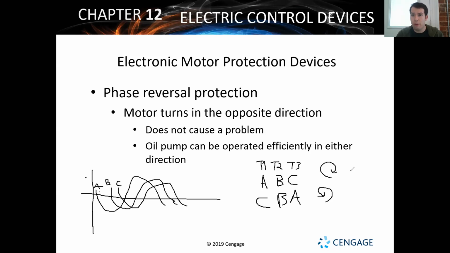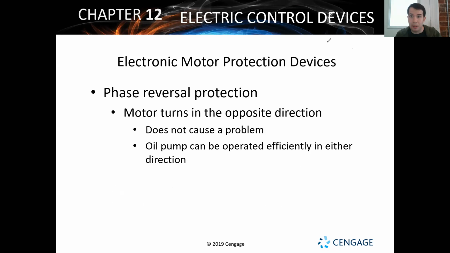If your airflow and your refrigerant flow are in the wrong directions, then you're not going to have anything working how it should. So again, you're going to see a lot of these causing not major problems until they've been running for a little while. And having a phase reversal protection device makes it so you don't have to worry about it at all. It'll stop the system from operating if it sees a phase reversal.